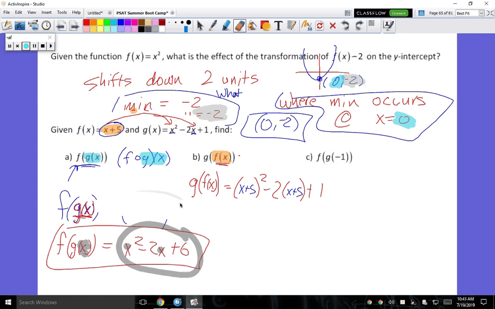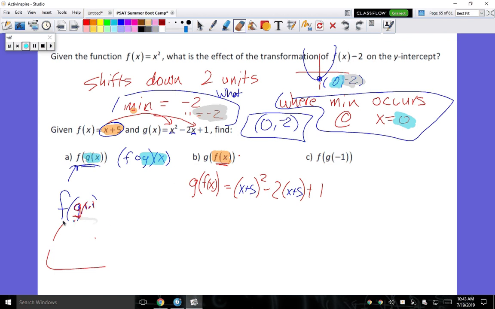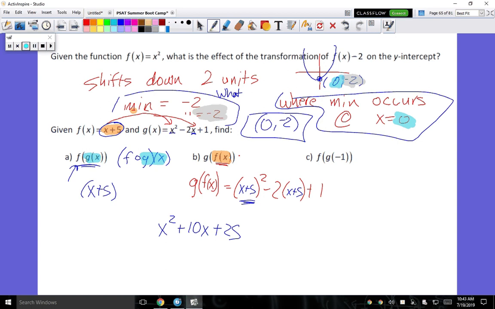Alright, so let's simplify this. We have to FOIL out or distribute this first piece, and without showing work, what's the final distribution of this? X squared plus 10x plus 25. And I was trying to see if I could get you guys, remember, when you have an addition sign here, you have to pay very close attention that it's not the same as x squared plus 25.